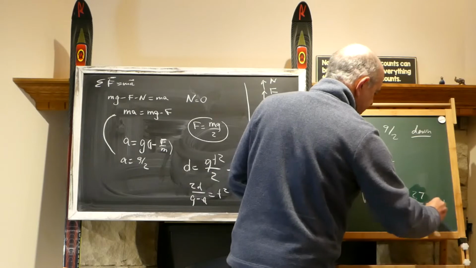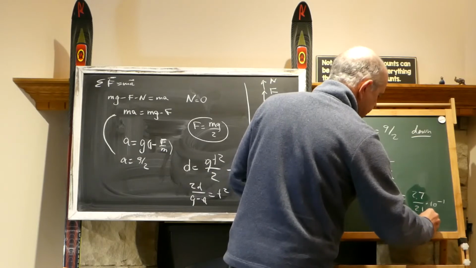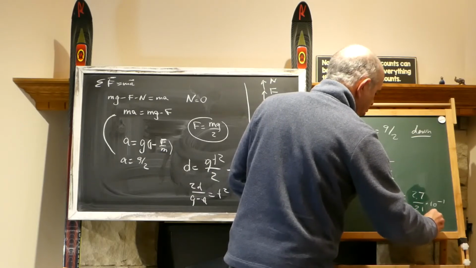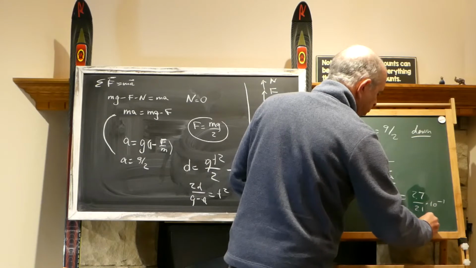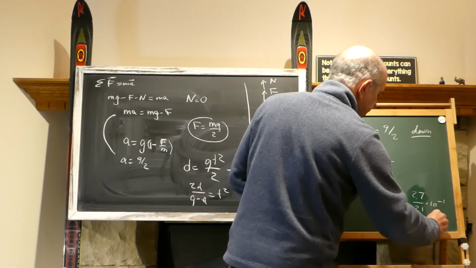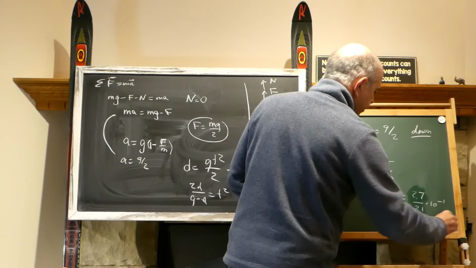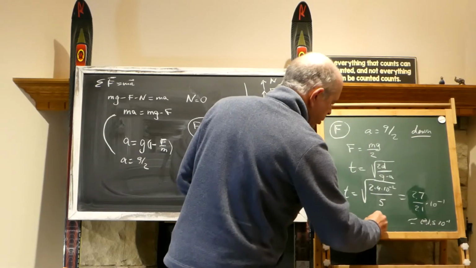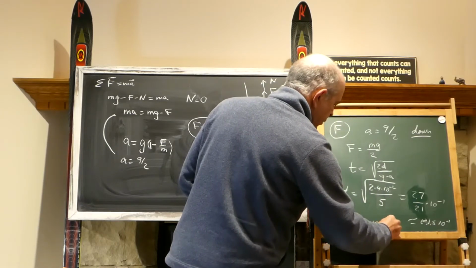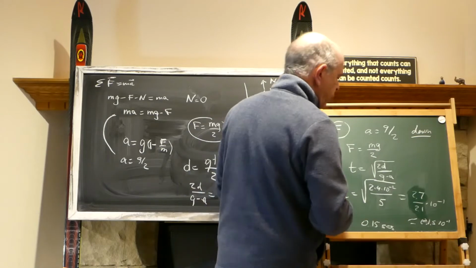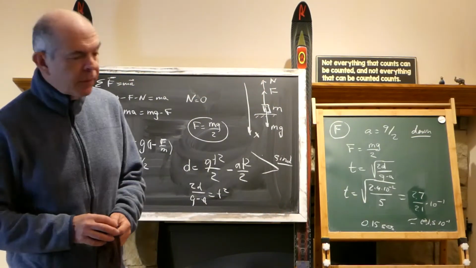Well, it would be something like approximately 1.5 times 10 to the minus 1. So it would be 0.15 seconds. It's a very rough estimate, and of course you can get it much better.